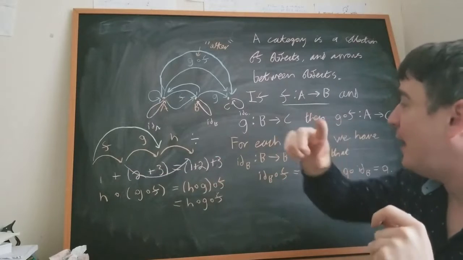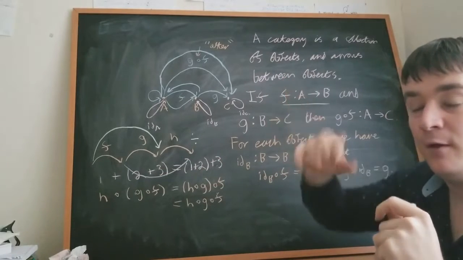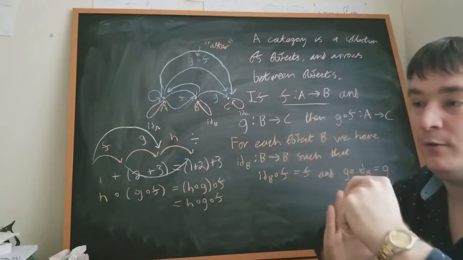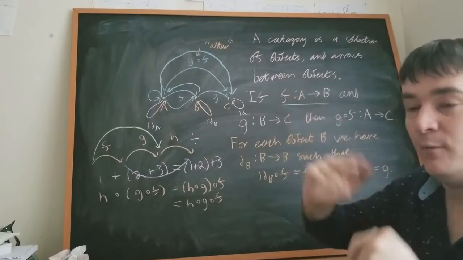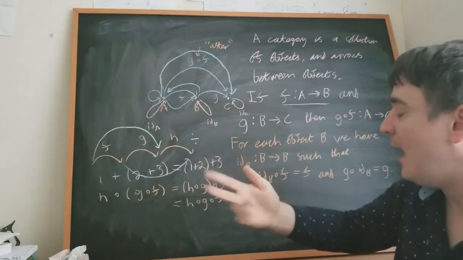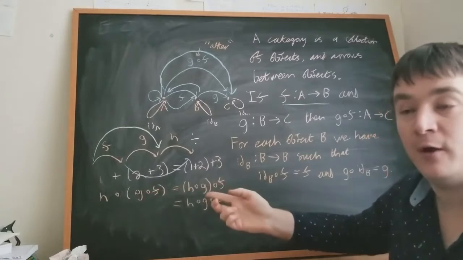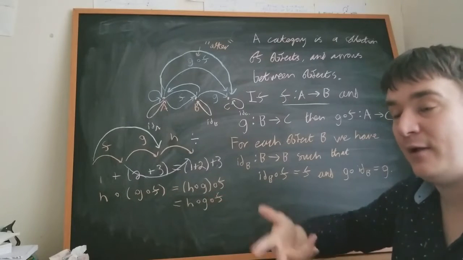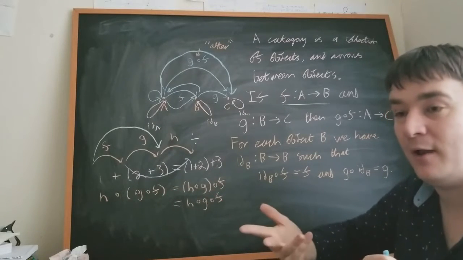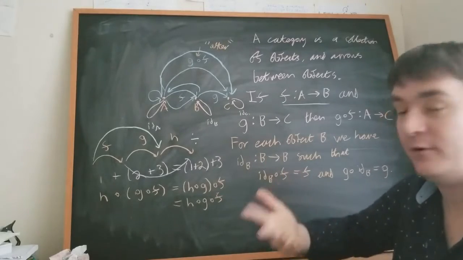Every object has to have an identity arrow that has a property that if we compose any other arrow with it, we just get that other arrow back. And arrow composition has to be associative.